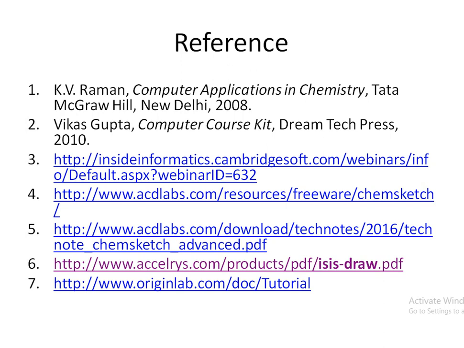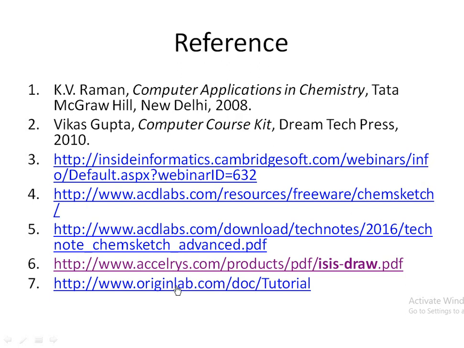For reference, you can go to any computer science book for the basics of MS Word, MS Excel, PowerPoint, all those things. But in chemistry, we have a book called K.V. Raman, Computer Applications in Chemistry, and there is Vikas Gupta's computer course kit. And there are also some internet links provided here.